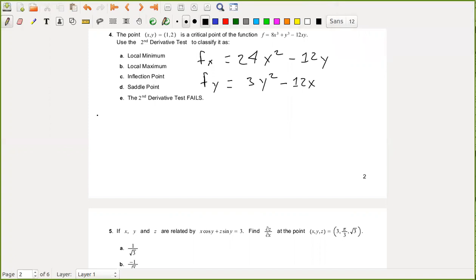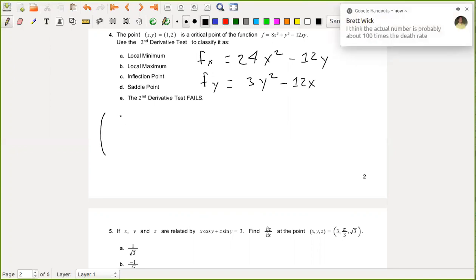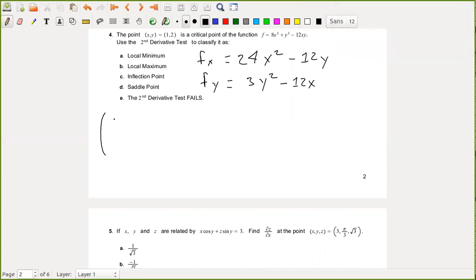Okay, so then the Hessian, the double x derivative, is going to be 48x. The y derivative of the x derivative, that's minus 12. Since f satisfies the hypotheses of Clairault's theorem, this is also minus 12, which you can see by doing the x derivative of this.